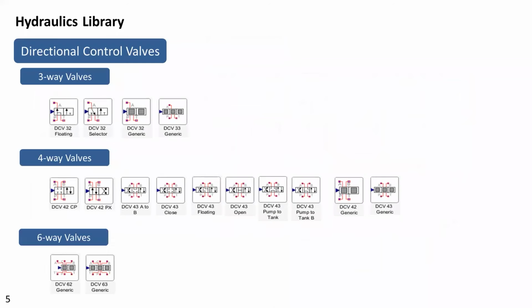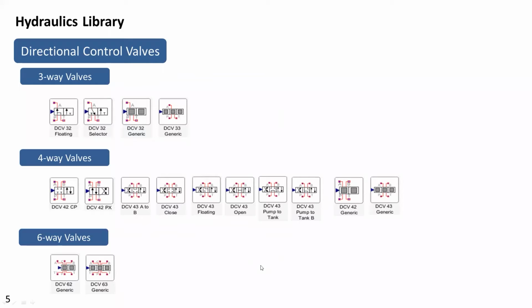Talking a little bit more about the direction control valves, we have different varieties of DCVs, from 3-way and 4-way to 6-way valves. The configurations are similar to the icons that you see in this section. But let's say a user wants to create a custom DCV. They will be able to do so by using the generic valve option that we see here.